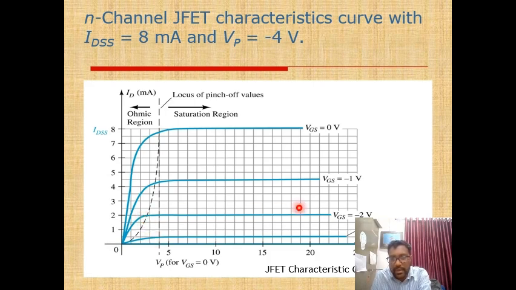So when we again change the negative voltage to VGS equal to -1 volt, from -2 to -1 volt, we can see again the saturation point or the pinch off point has increased, and the value of the saturation current has increased with the change of VGS value.